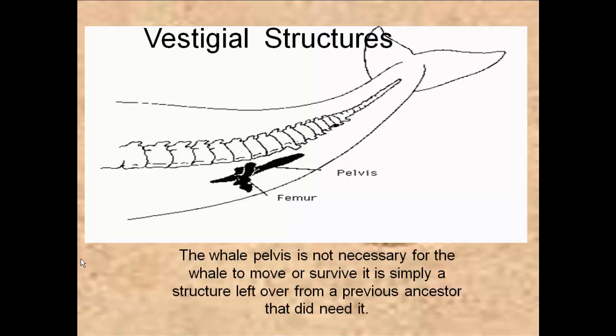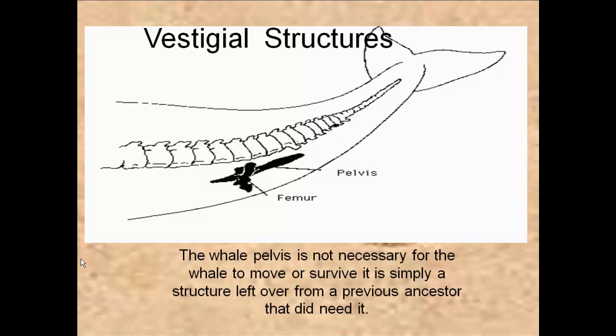You will see this term a lot in whatever biology classes you take past high school. All right? And there are lots of examples of vestigial structures. Vestigial structures, guys, as it says down here, are structures that organisms have that are not essential for their life. It's a structure that I'm not going to say isn't used, but it is not used to the same effect that their ancestors used it.